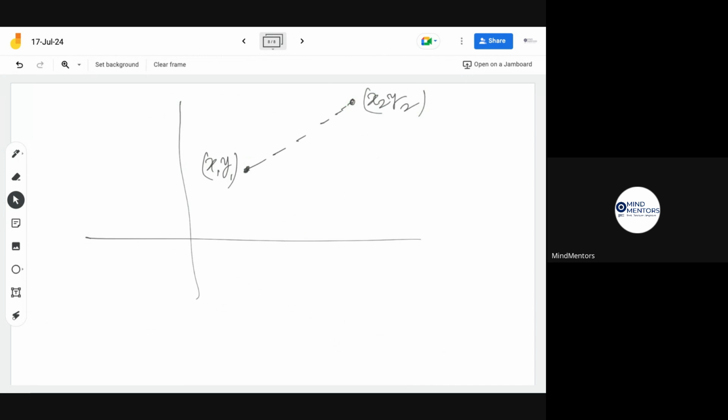There are so many applications of this. For example, this is a distance-time graph of a car. The car was at x1, y1, and some time later it reached x2, y2. How much distance did it travel? What was the speed? There are many practical applications of this concept, but today's class is mostly about understanding the distance formula.